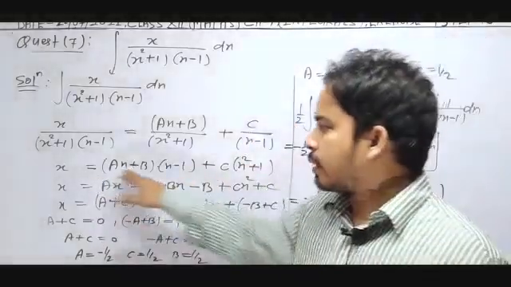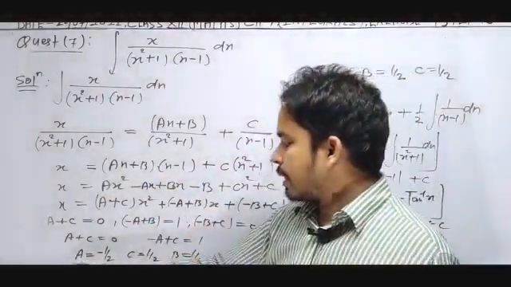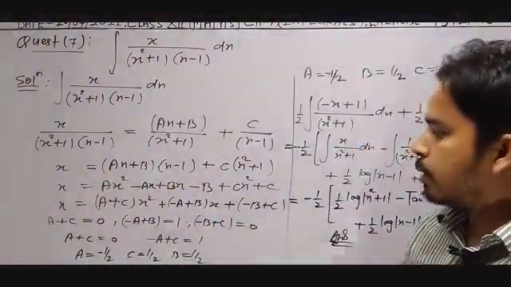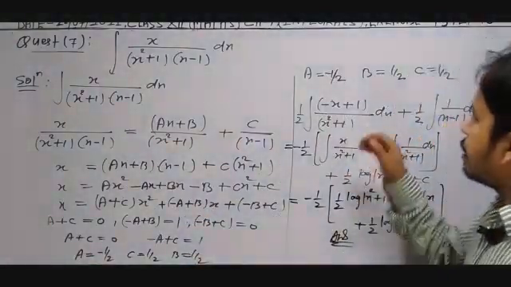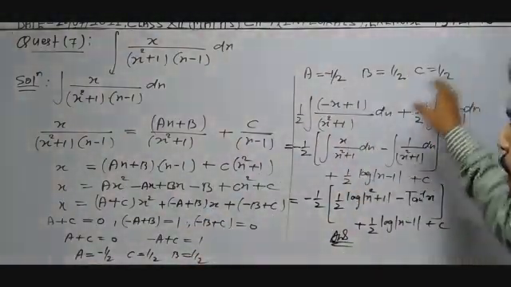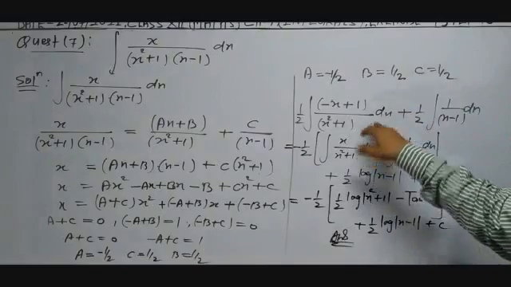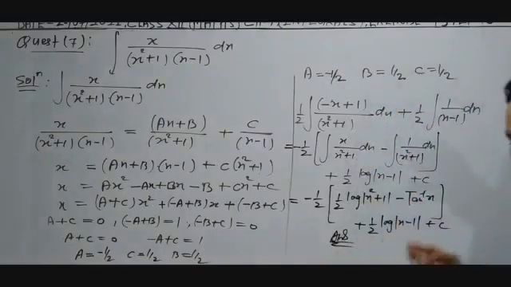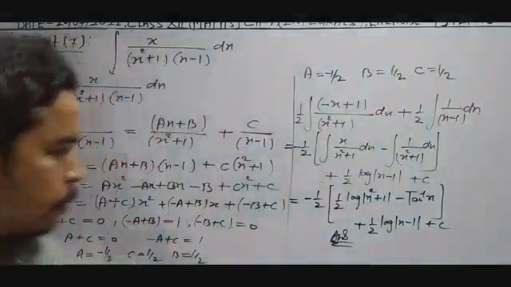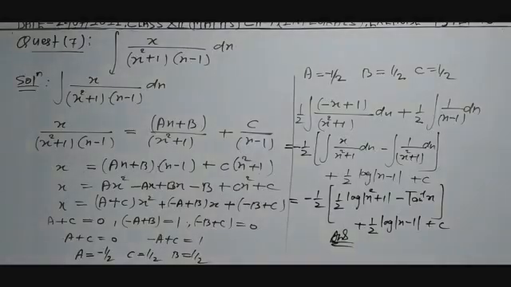So after solving for a, b, c, you will get the values a is equal to minus 1 by 2, b is equal to 1 by 2, c is equal to 1 by 2, and after putting the values of a, b, c you will get the integrals, and after integration the result will be 1 by 4 minus 1 by 4 log of x square plus 1 plus 1 by 2 log of tan inverse x plus 1 by 2 log of x minus 1. This is the answer. Now this is completed.